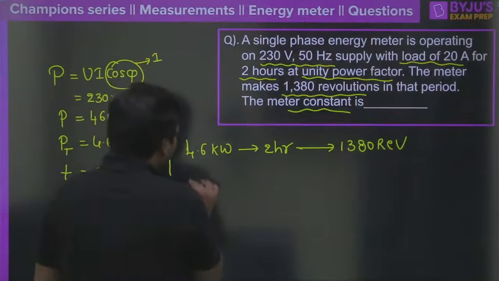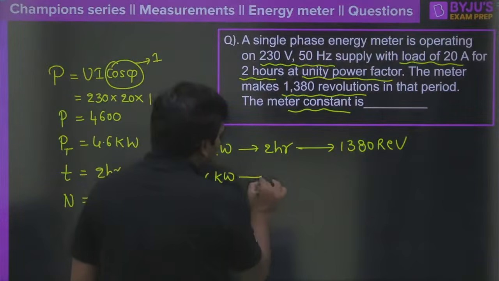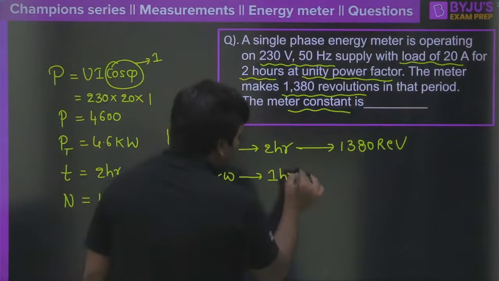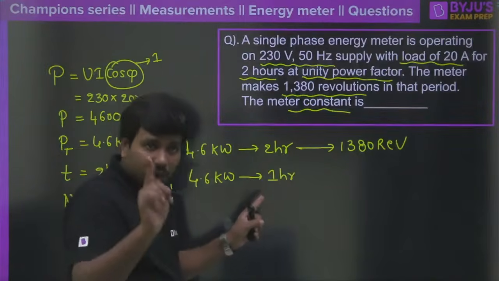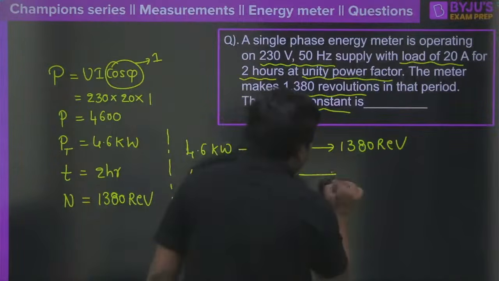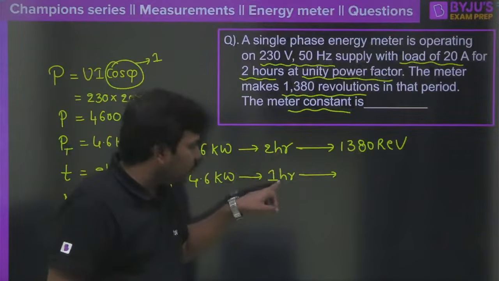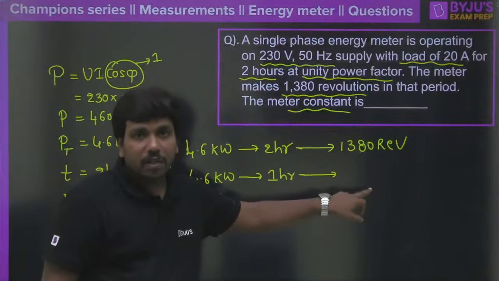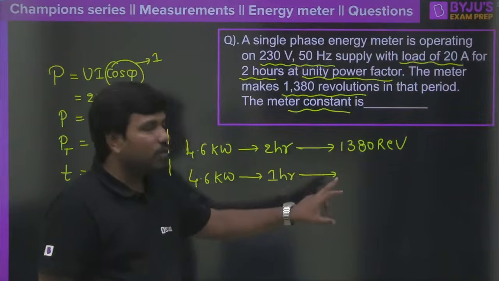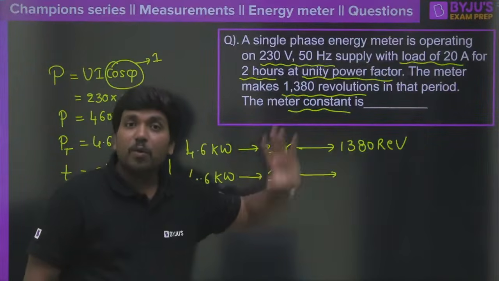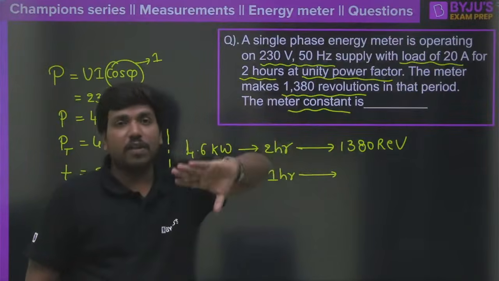Now the same question I will ask a different way. If 4.6 kilowatt power is consumed in only 1 hour time, what is its value here? So that means time is reduced. If time is reduced, then the number of revolutions must also reduce, because the number of revolutions is related to the power consumed as well as the time taken.